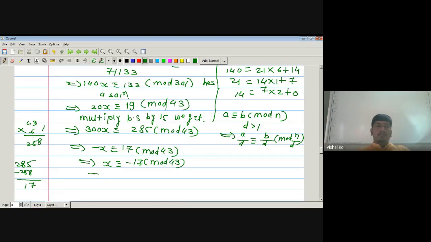What will be the value of minus 27 modulo 43?